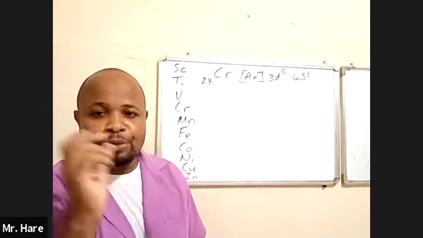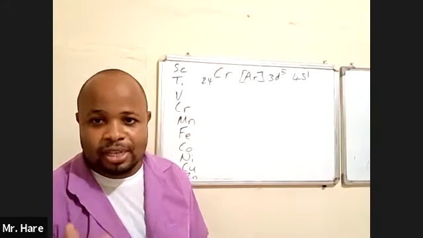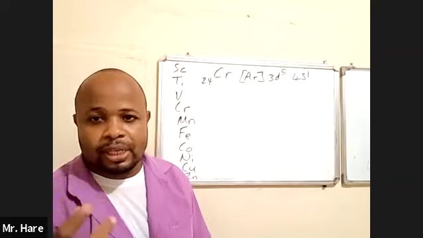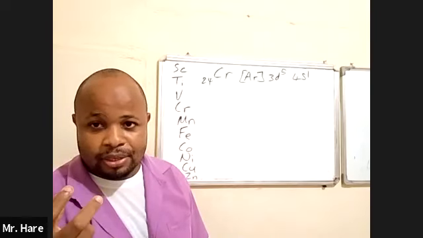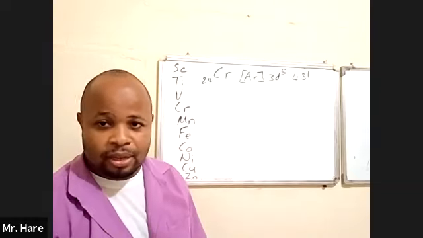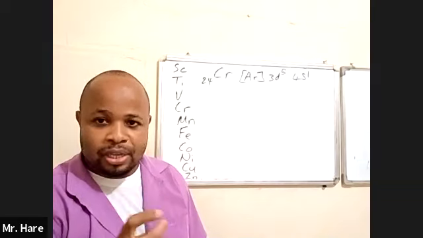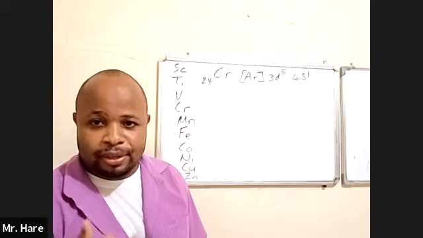Transition metals can bond with compounds we call ligands. They must have at least a lone pair that they can donate to the transition metal. When the ligand binds to the transition metal, we get a complex ion.